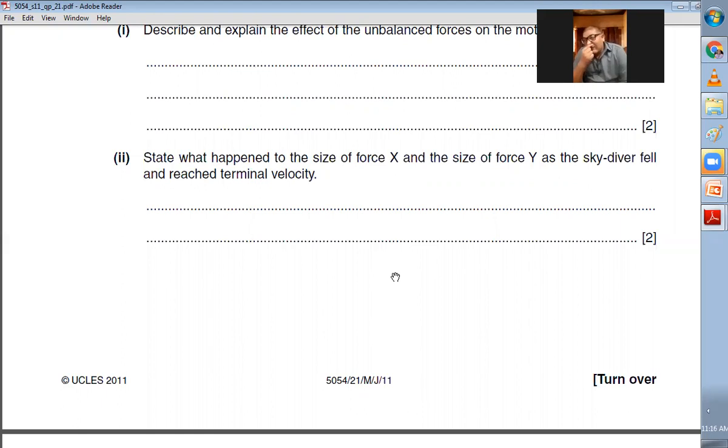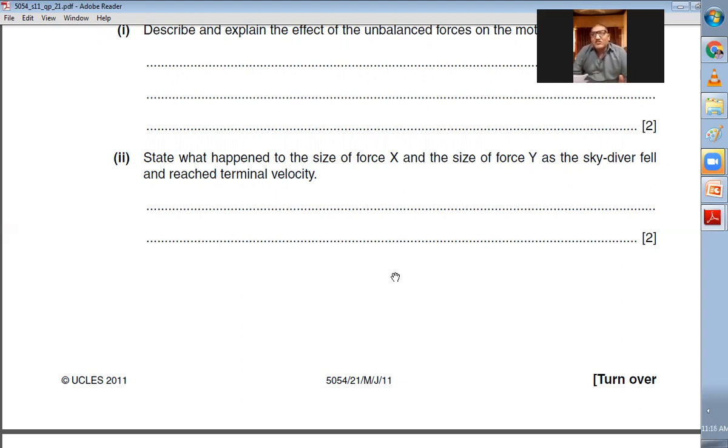The value of Y, which is air resistance, is gradually increasing because the speed of the body is increasing. When the Y value increases, you see the resultant force is equal to weight minus air resistance.